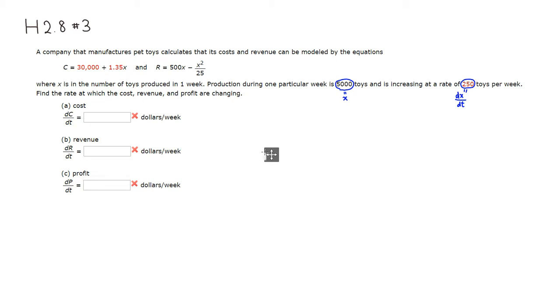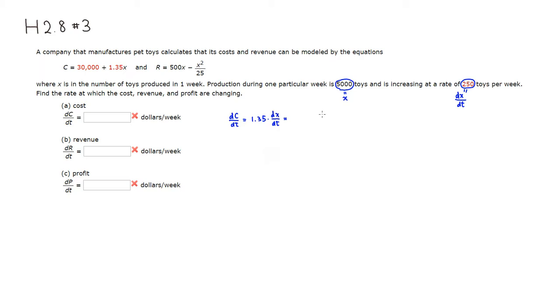So dC/dt is going to be, the derivative of 30,000 is 0. The derivative of 1.35x would be 1.35 times dx/dt.